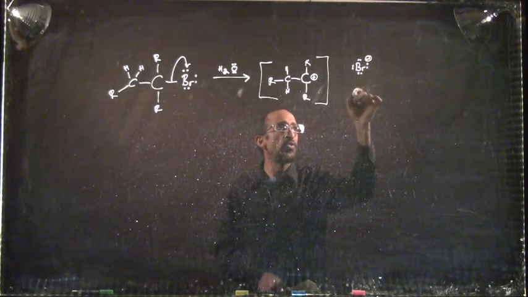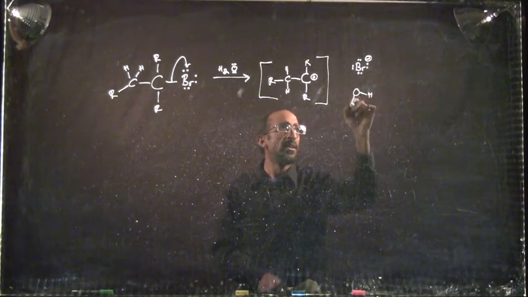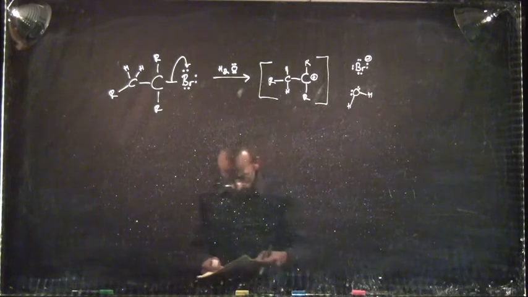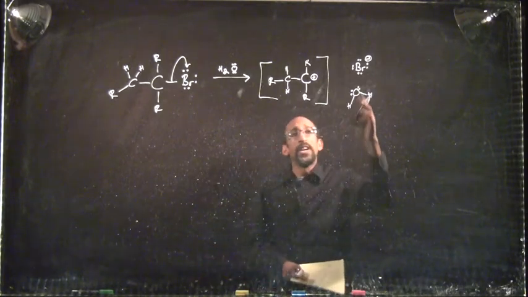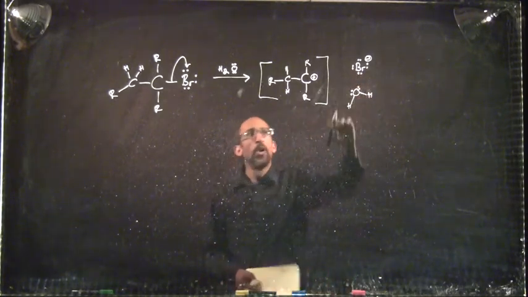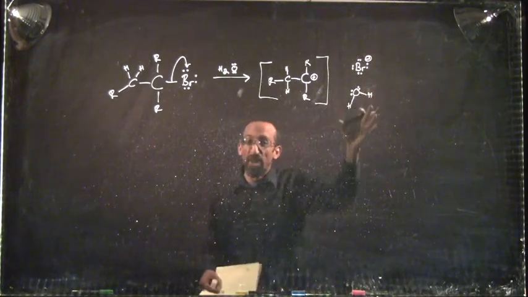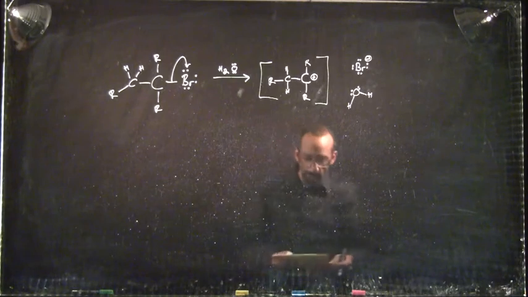I'm going to draw in here for a moment water, which is our solvent. Now, we have two weak bases. One is a pretty good nucleophile, one is a moderate nucleophile. It's not too bad. Water is a decent nucleophile.